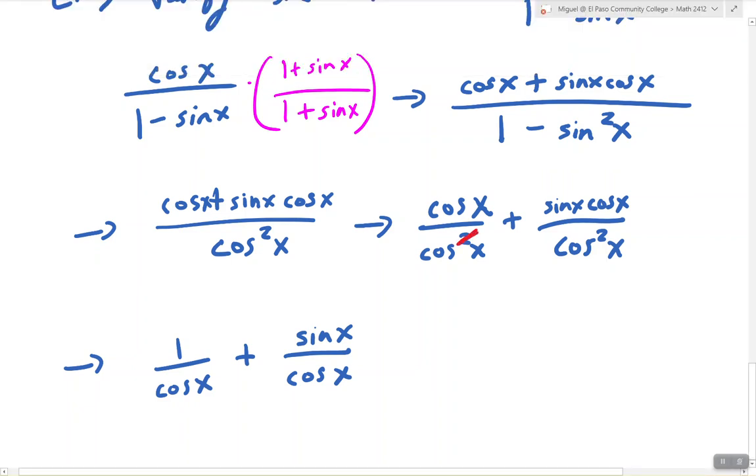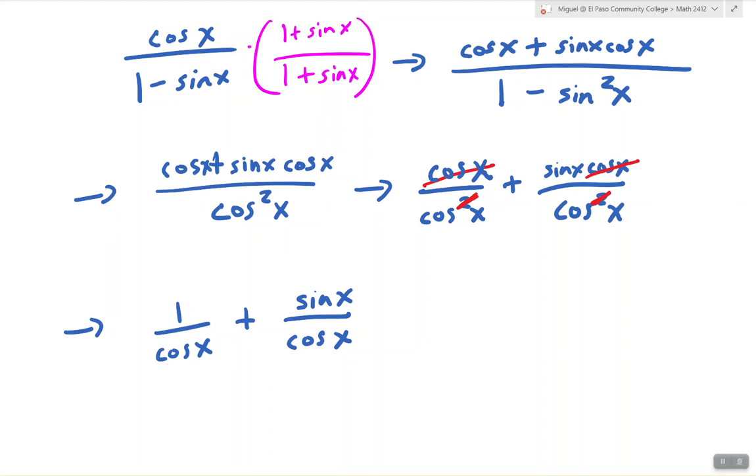So one of those cancels, and this cancels. And this one, we lose that one, and one of these. And of course, 1 over cosine is secant, plus, and then we have tangent.